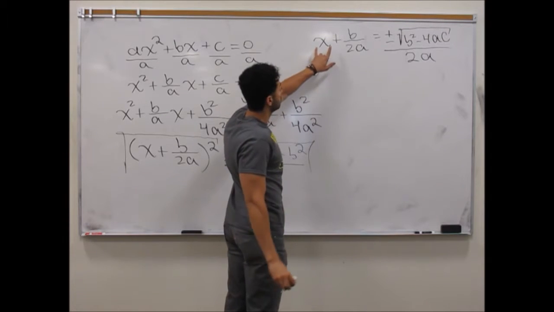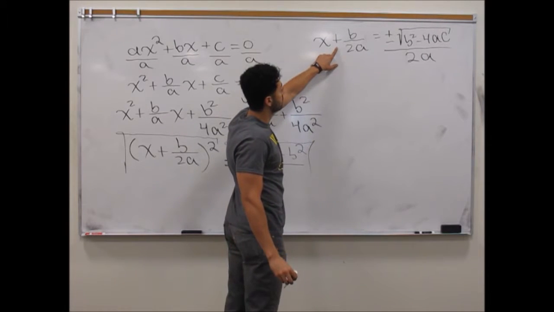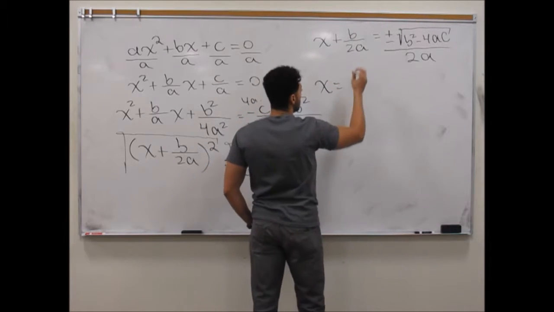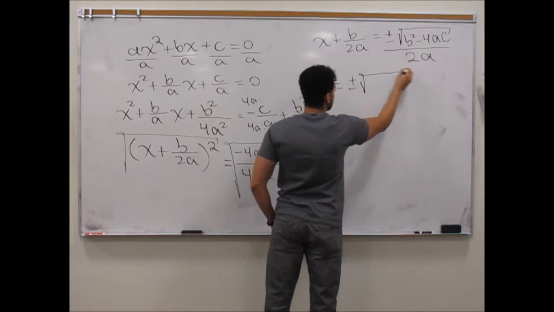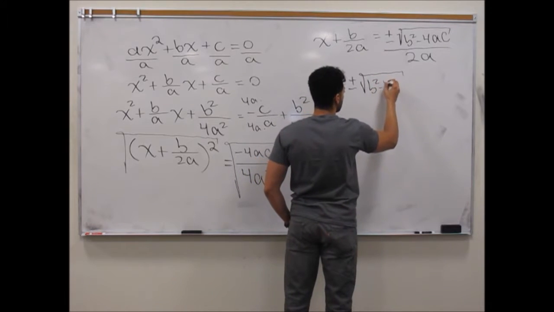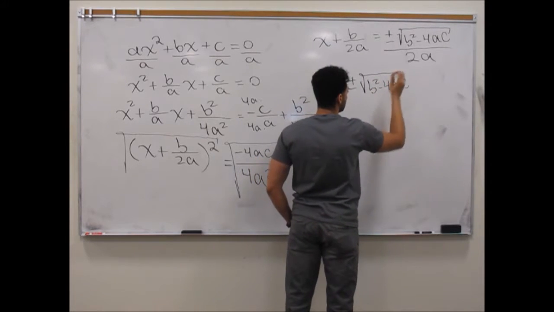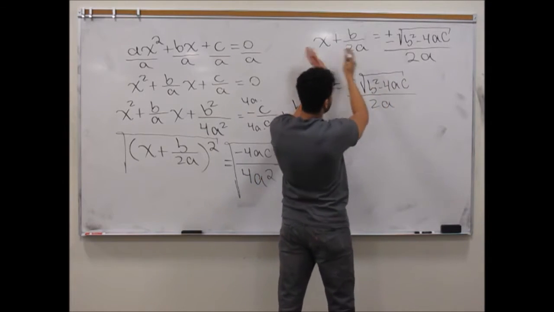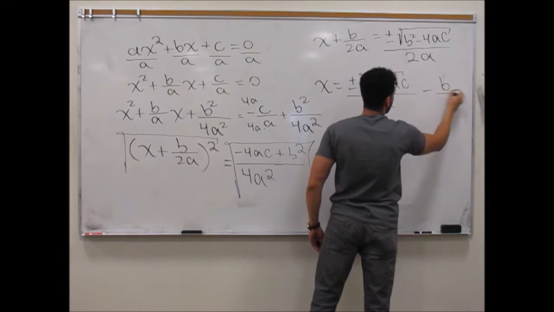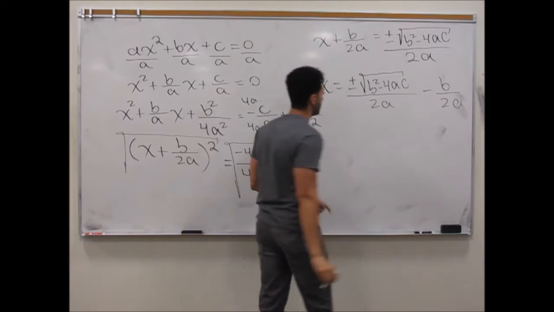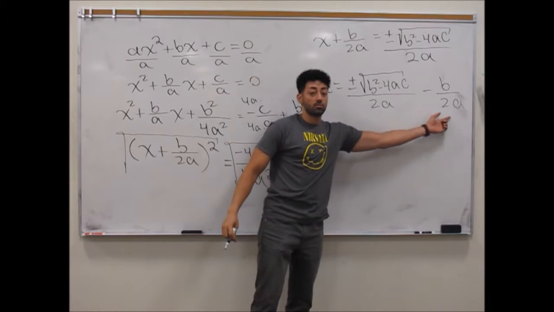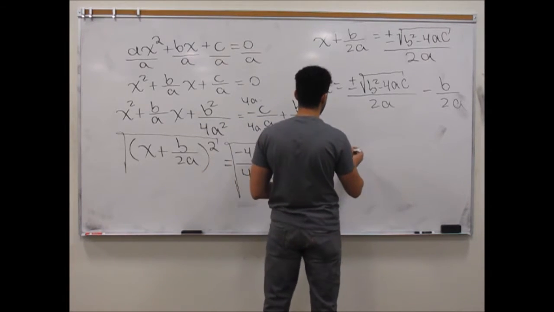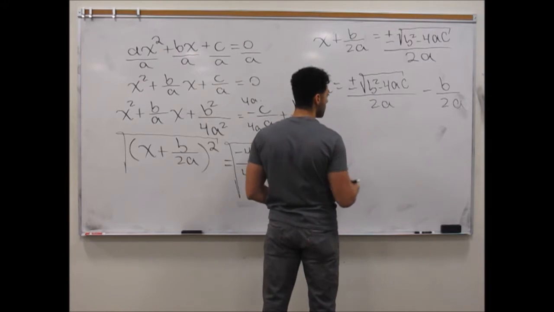Still trying to solve for x, so all you have to do is subtract over the b over 2a. So I get that x is equal to plus or minus the square root, and now I'm going to subtract over the b over 2a. Notice that we already have an LCD of 2a, so let's write it as one single fraction.